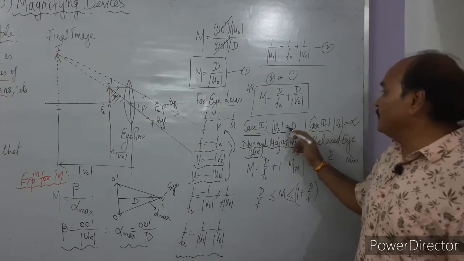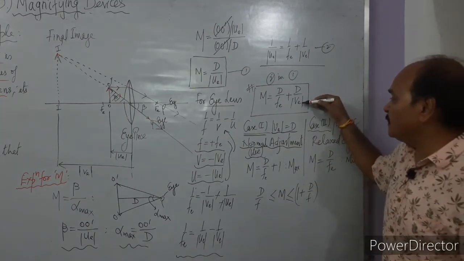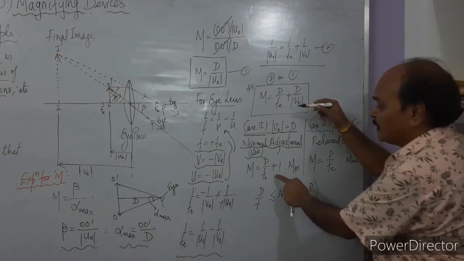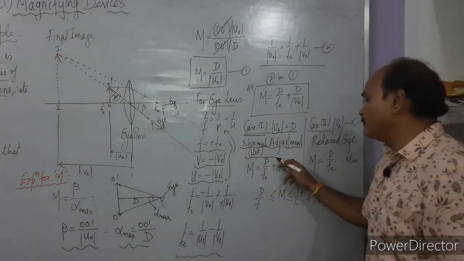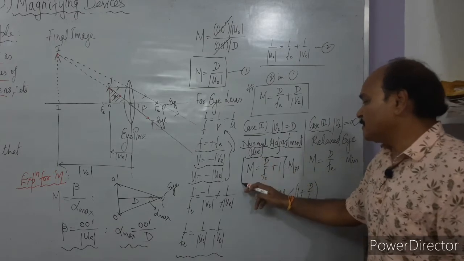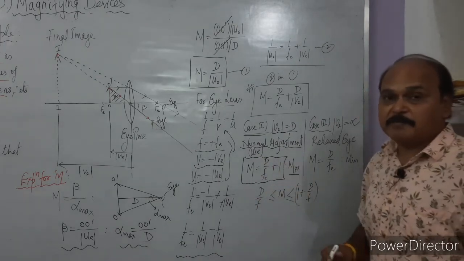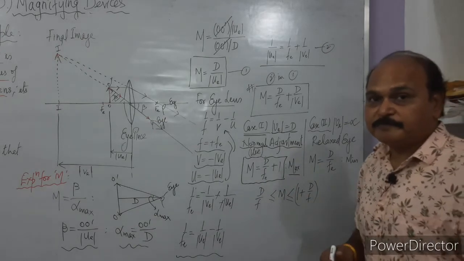If we substitute V as D, D upon D is equal to 1. We get here 1, and D upon FE is written as it is. So this is the value of M when the image is seen closest to the eye, and this is the maximum value of magnification produced by a simple microscope.